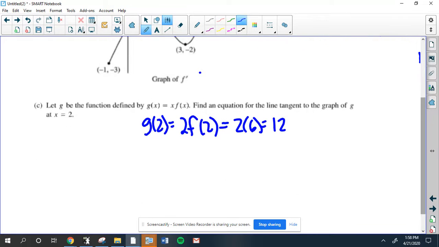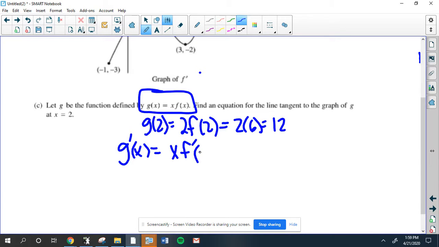So before we do g prime of 2, we have to figure out what g prime of x is. Since g of x is x times f of x, it's a product, so we have to use the product rule. First times the derivative of the second, plus the second times the derivative of the first, which is 1.